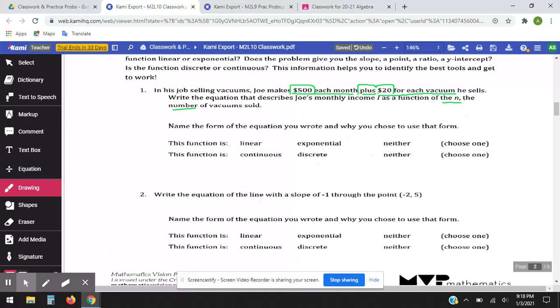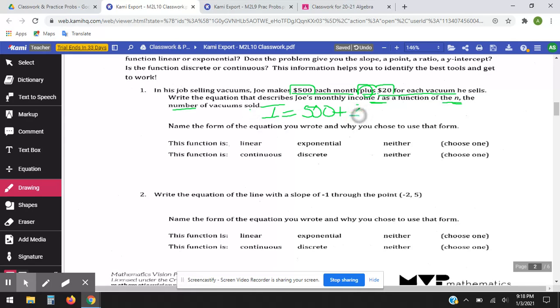So we know we're going to do a function income I. So I equals, well, he makes $500 a month. So each month he's making $500 plus, here's that plus, $20 for every vacuum he sells. Well, N is the number of vacuums he sold.